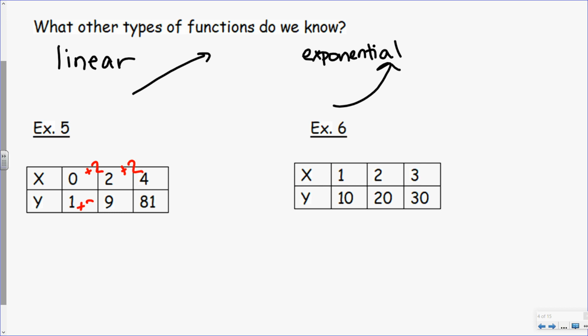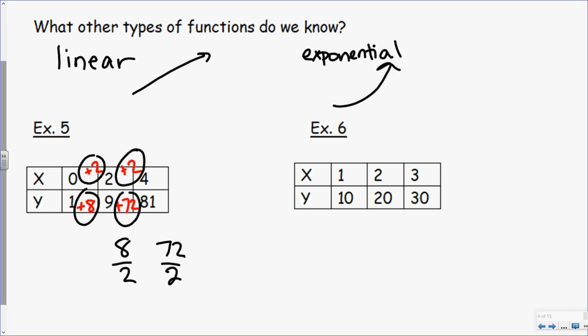So I'm adding 8 here. I'm adding 72 here. So notice that these two rates of change are 8 over 2 versus 72 over 2. They are not the same rate of change. So that means I have an exponential.